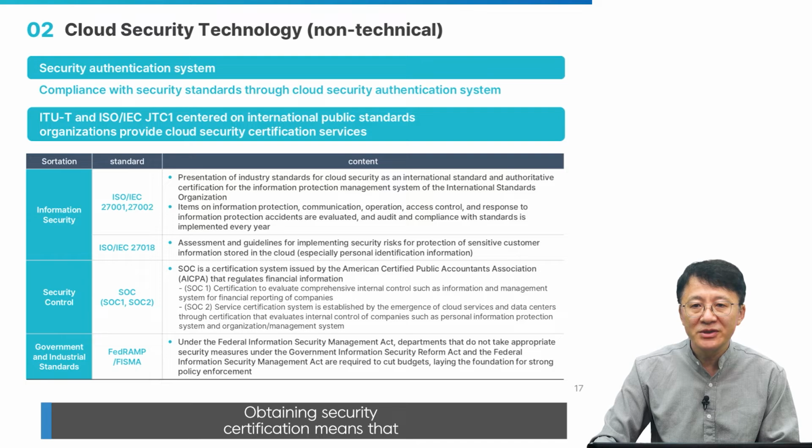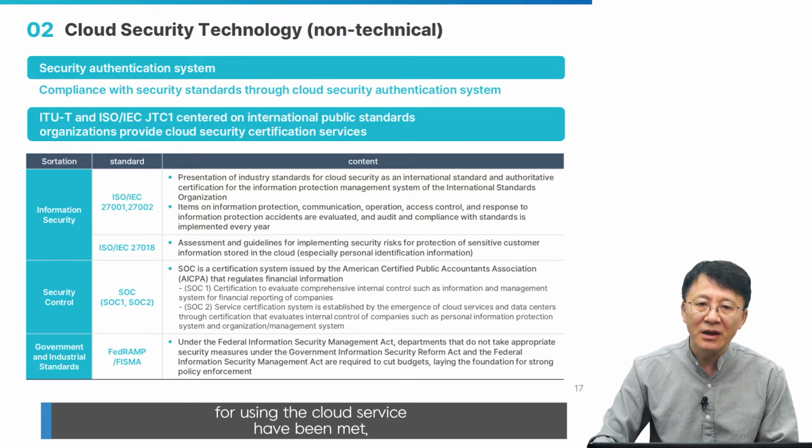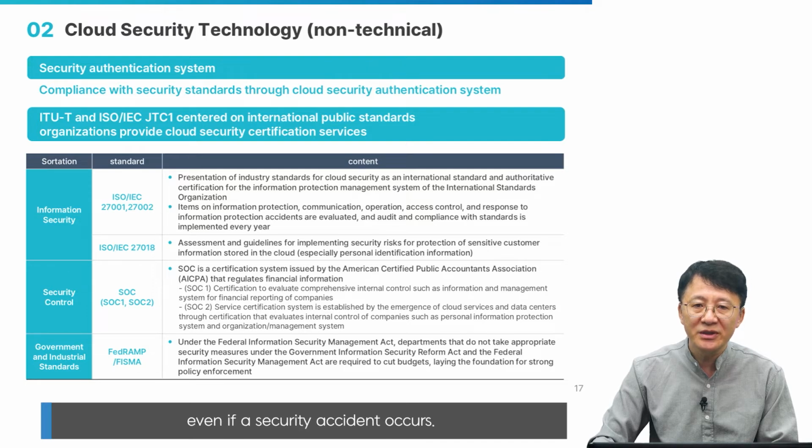Obtaining security certification means that the minimum information protection requirements for using the cloud service have been met, and damage can be minimized even if a security accident occurs. As shown in the table, information security controls and security standards that can be used by governments and industries have been established and are widely used.